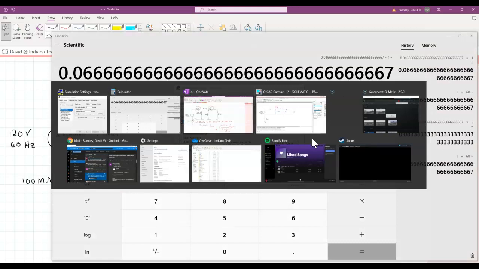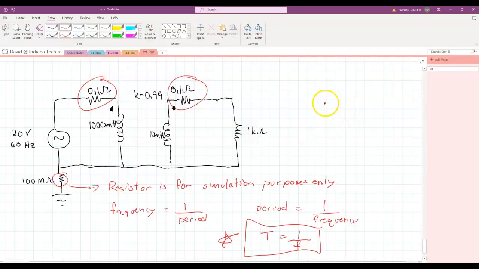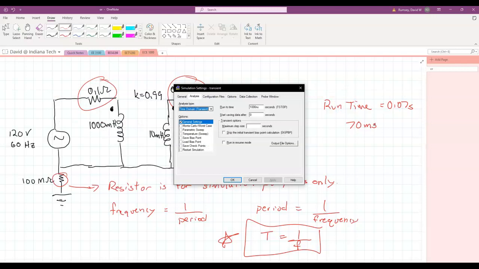So I'm going to say that I want my runtime to be equal to 0.07 seconds, or 70 milliseconds. You want to always have at least 4 or 5 periods displayed here. So it's only running for 1,000 nanoseconds, which is 1 millisecond, and we just computed that I need to run this for 70 milliseconds.